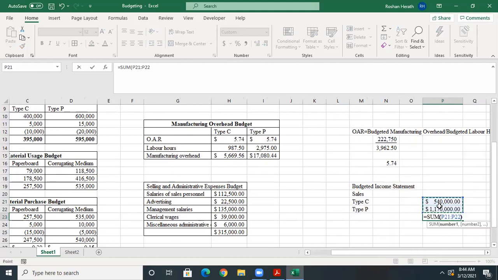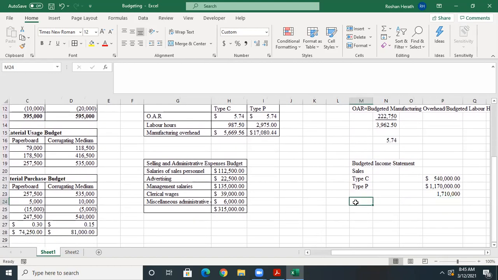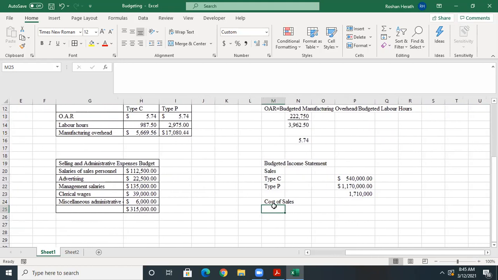Right. Now you need to know what is the cost of sales. The next most important ingredient is the cost of sales. In fact, you can do it as a working, but let me simply work it on the face of the statement. You can start from the material.